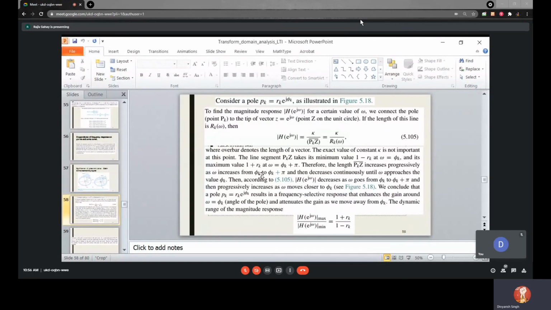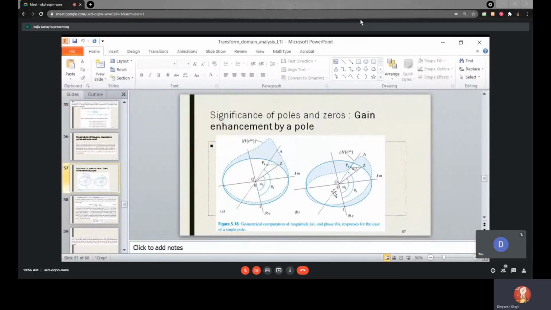And its maximum value is 1 plus rk, that is happening at omega equal to phi k plus pi. So you look here, phi k plus pi. That means on the other side of this line, here. If z rotates and comes here, then this distance is 1 plus rk.